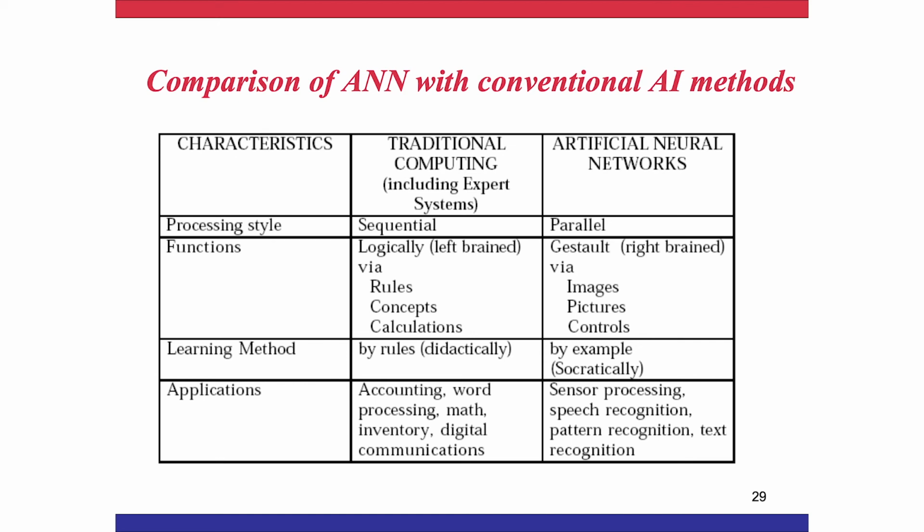As we already know, in the case of applications, a lot of pattern matching and pattern recognition applications are well mapped into the artificial neural network domain, and that gives a lot of mileage to artificial neural network in modern applications.